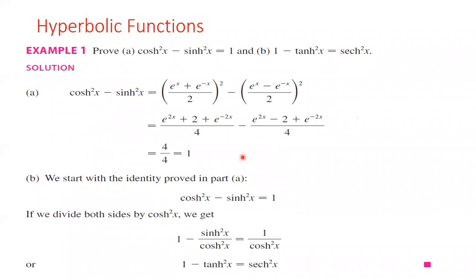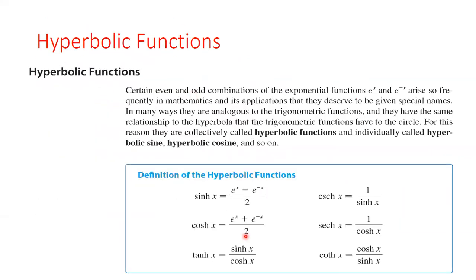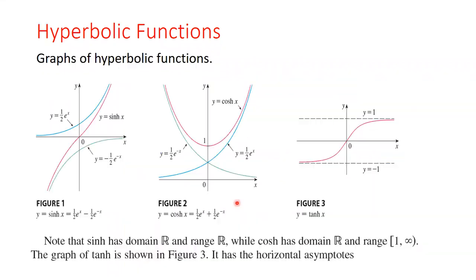Now let us look at the first proof. They say: prove that cosh squared x minus sinh squared x is equal to 1. That is the first proof. And I said to you, it is important for you to know and understand what represents sinh and what represents cosh.